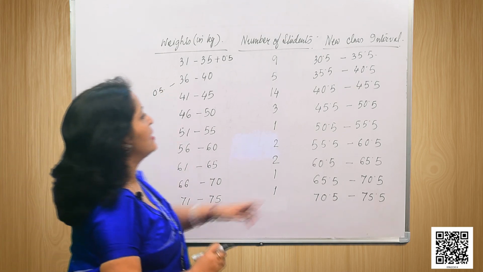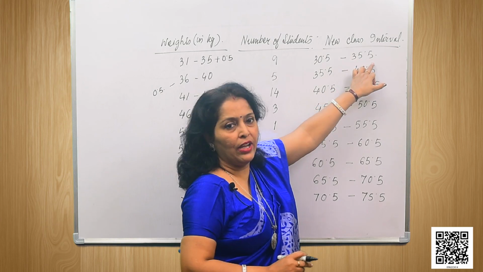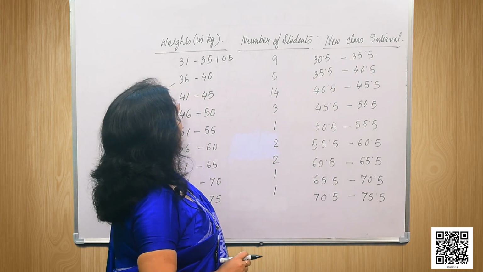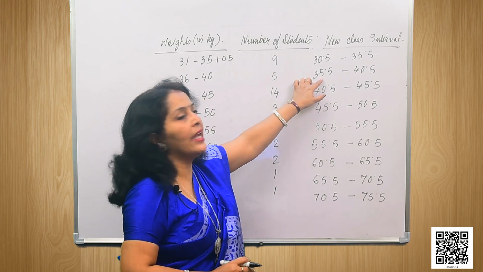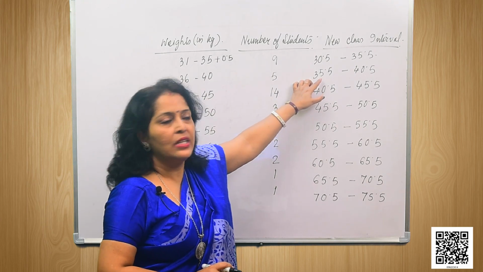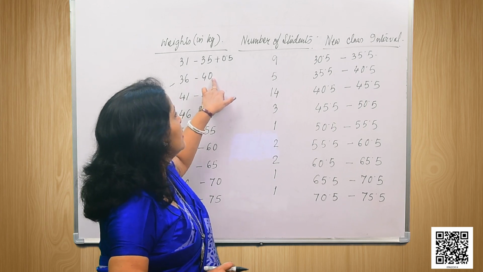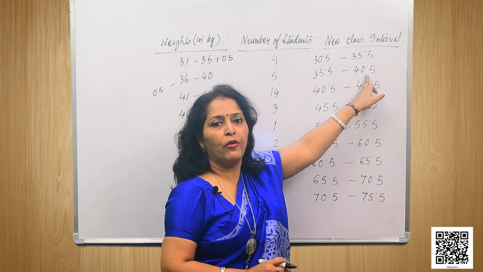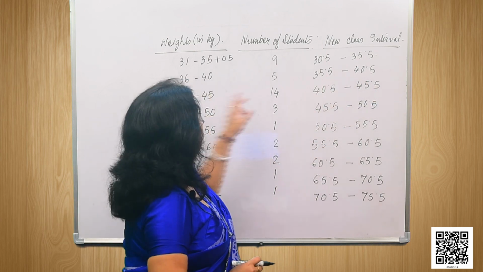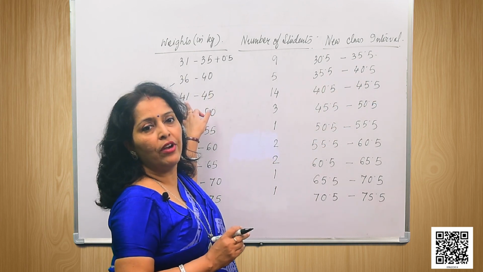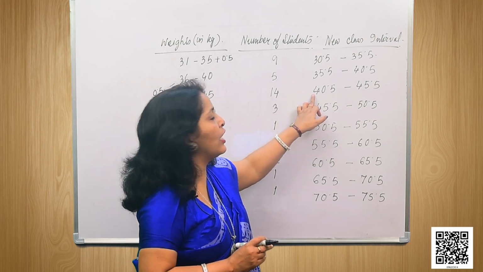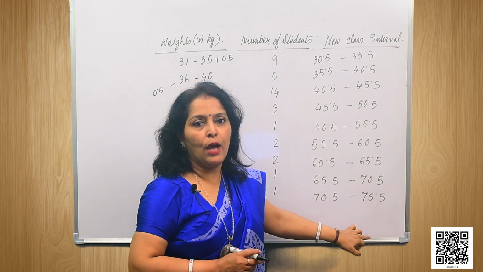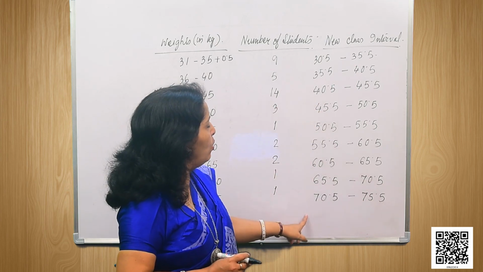As a result, I get 35.5 here as the upper limit, and on this side when I subtract 0.5 from 36, I get 35.5. Similarly, I add 0.5 to 40 and the upper limit becomes 40.5, and here 41 minus 0.5 gives me 40.5. Similarly, I do the same thing with all the upper limits and all the lower limits.